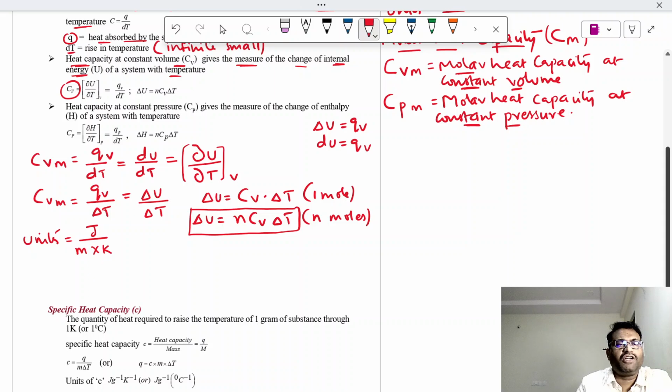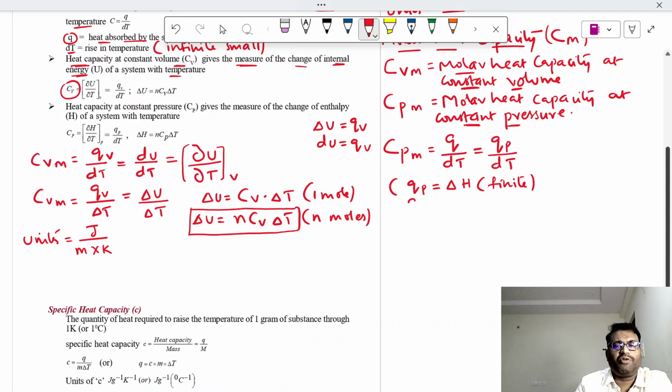Now we are speaking about CPM, that is molar heat capacity at constant pressure. It is given by Q by dT for infinitesimal increase in temperature. As the process is happening at constant pressure, we can write it as Qp by dT. In the previous lectures, we have studied that Qp is equal to delta H for finite change.